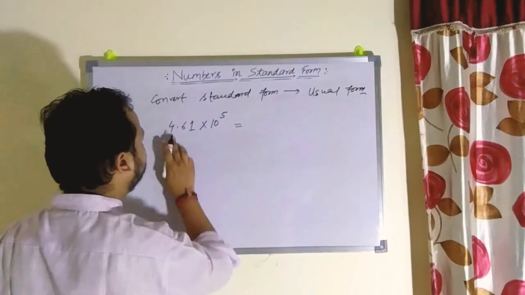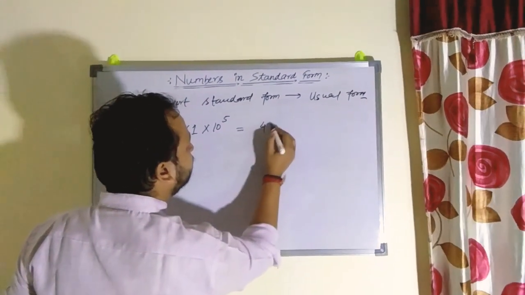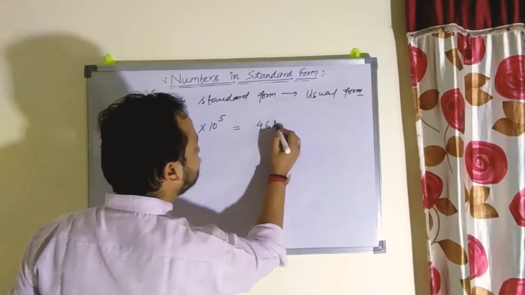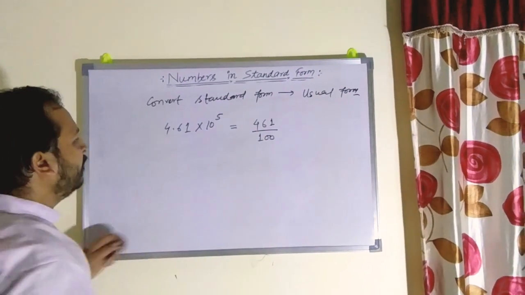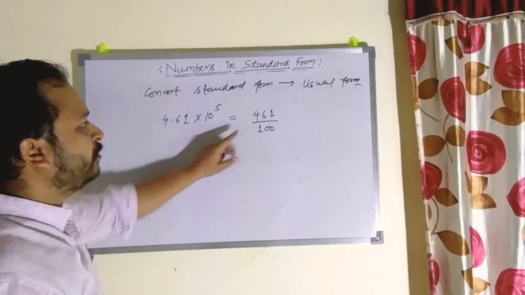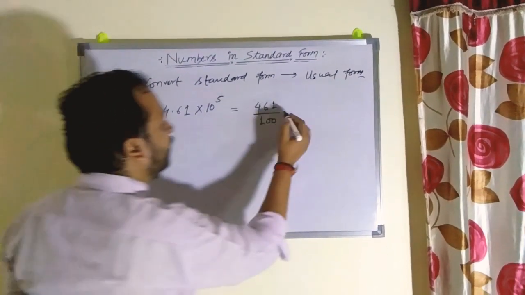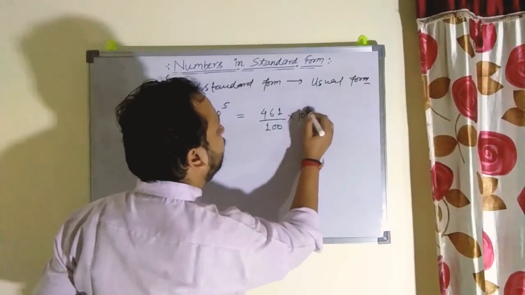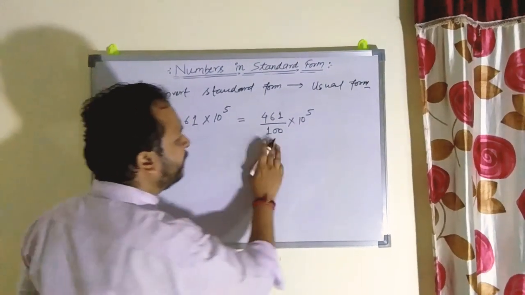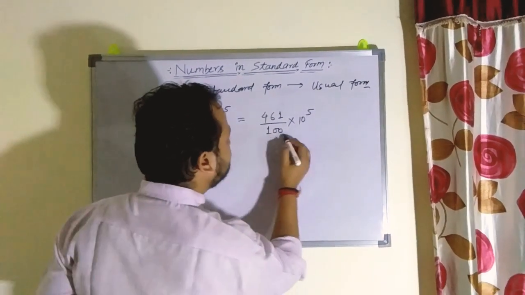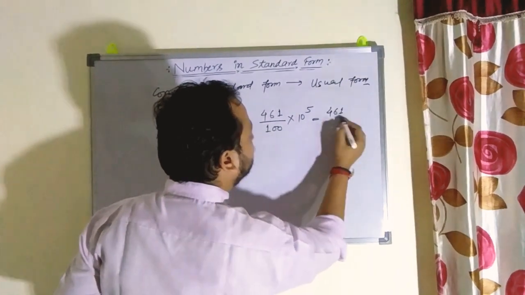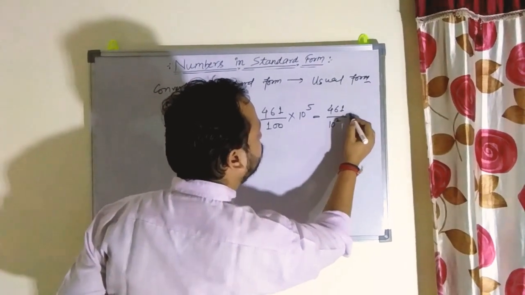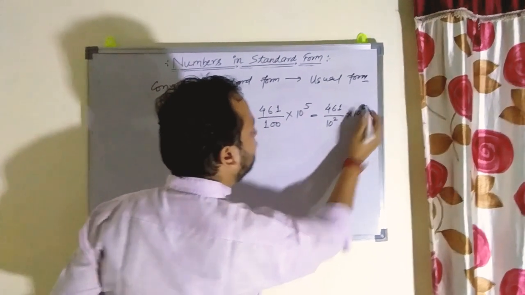You have to do it: 4.61 is 461 divided by 100. You know how to convert decimal to fraction, right? Into 10 to power 5. So it is also written as 461 divided by 10 to power 2 multiplied by 10 to power 5.